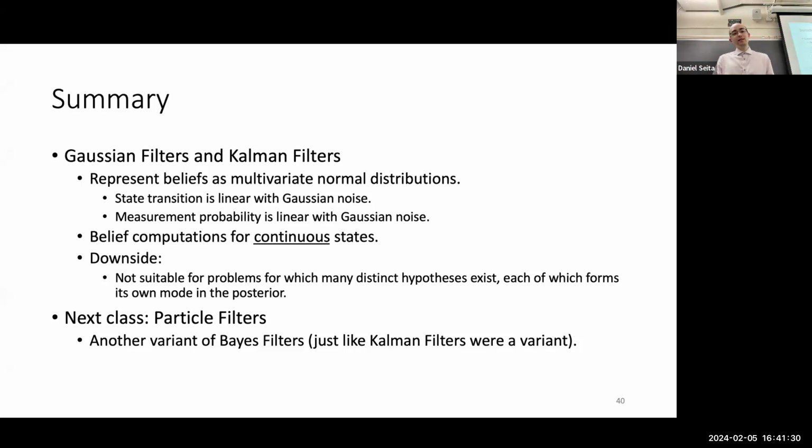Coming up next, not next class, but today, is particle filters. We covered Bayes filters, Kalman filters, and extended Kalman filters, and the last main filter we'll cover is the particle filter. Any questions so far? Hopefully the name particle filter gives you a sense of what's going to happen.